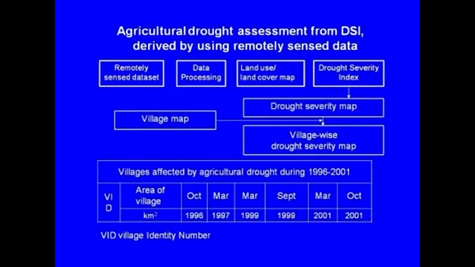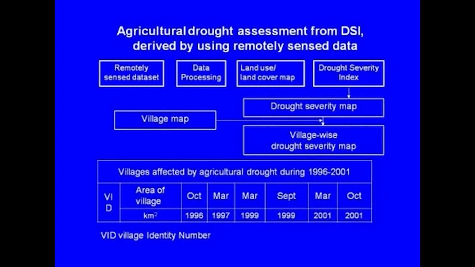That is, this is a detailed process of identifying which villages have been subjected to severe conditions and which have been subjected to different levels of severity in terms of drought. So, based on this, we have undertaken the study for finding out the agricultural drought during the years 1996 to 2001.